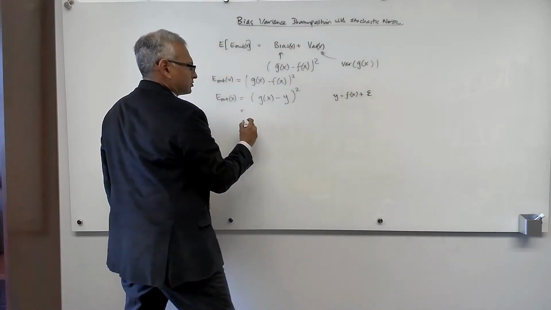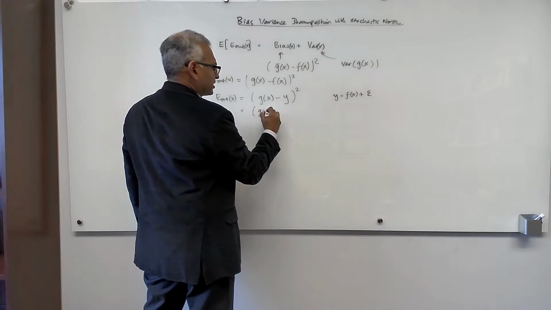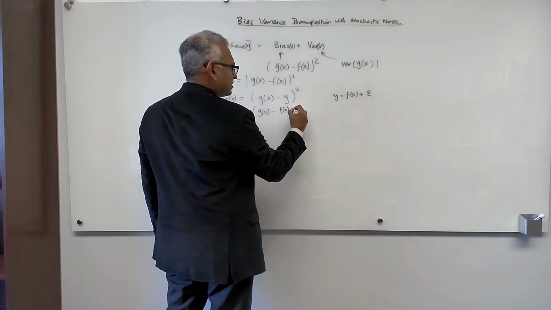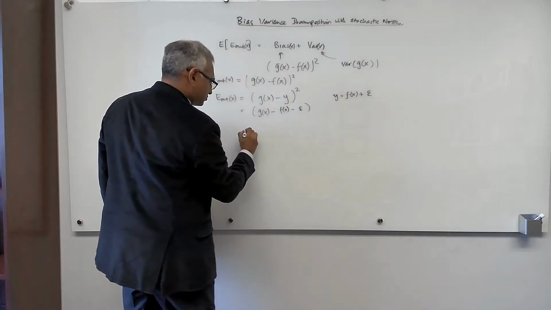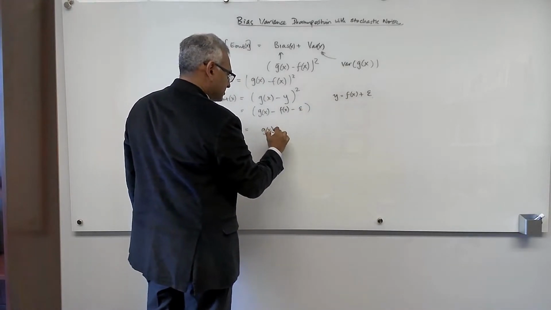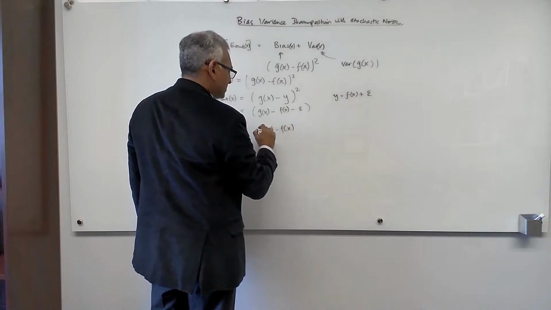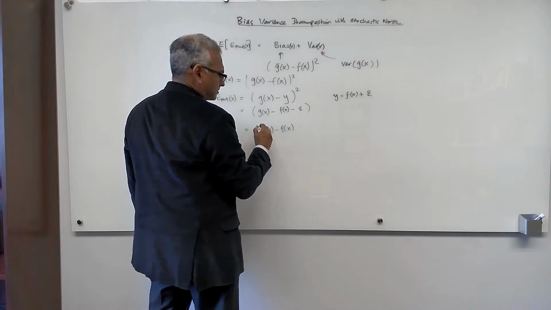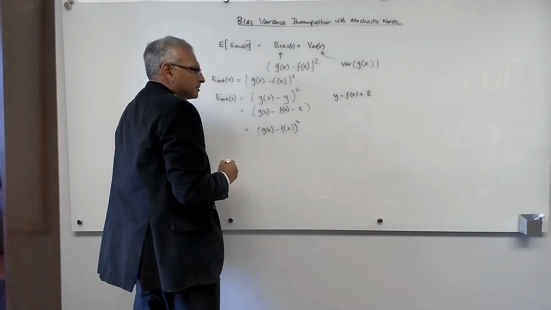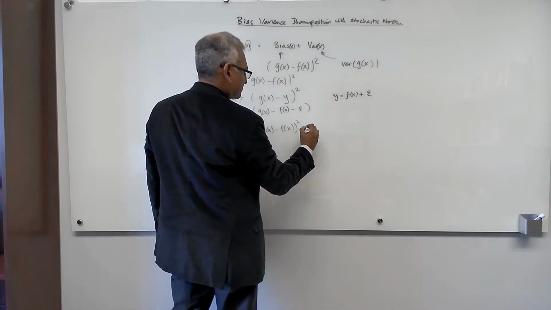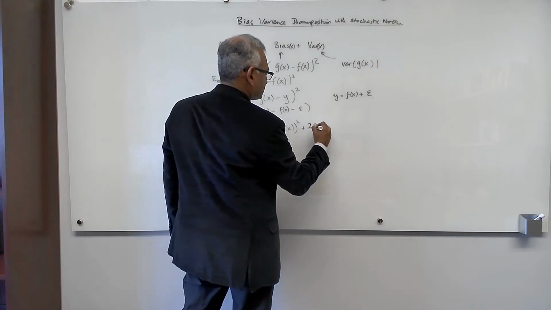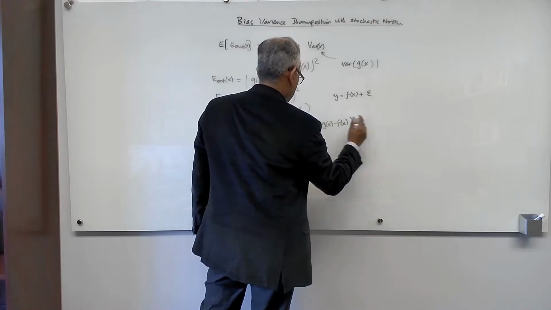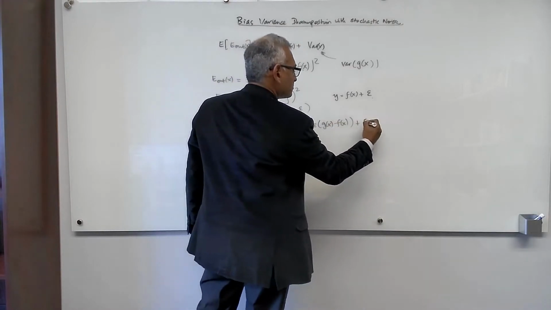So this is equal to G of X minus F of X minus epsilon, squared, which equals G of X minus F of X squared, plus twice epsilon times G of X minus F of X, plus epsilon squared.